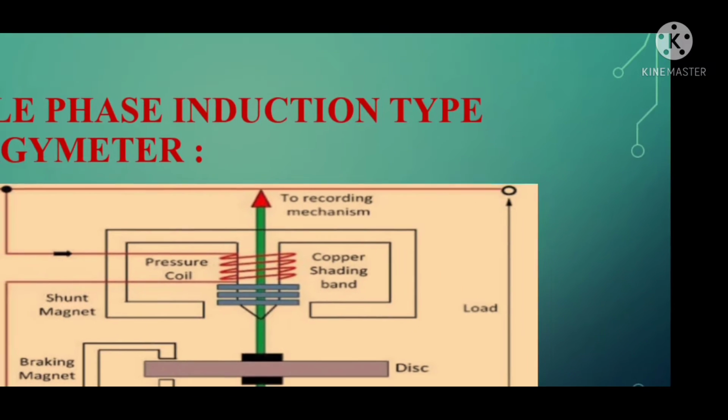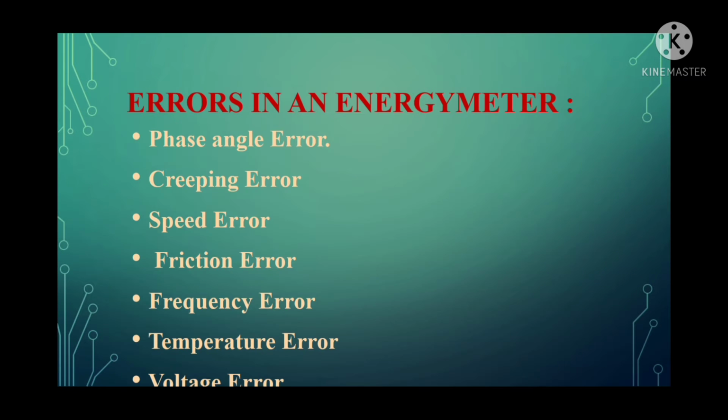So now let's discuss what errors could occur in an energy meter and how we can rectify those errors. In general, calibration is nothing but comparing the measurement of a particular instrument with particular standards available.